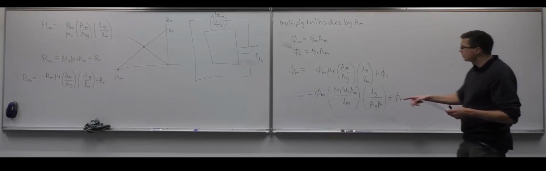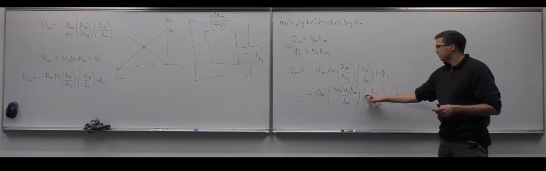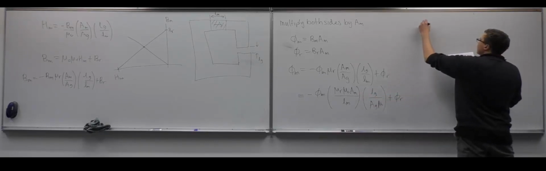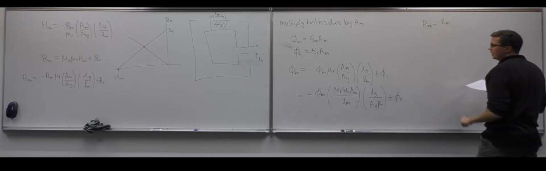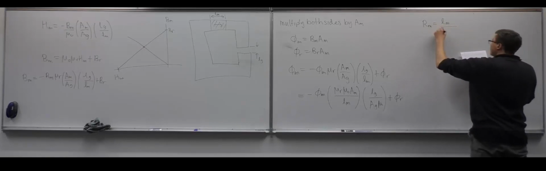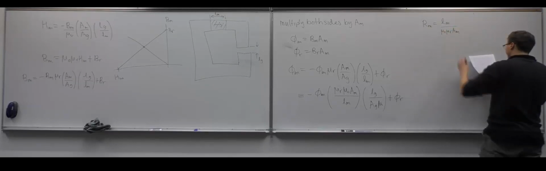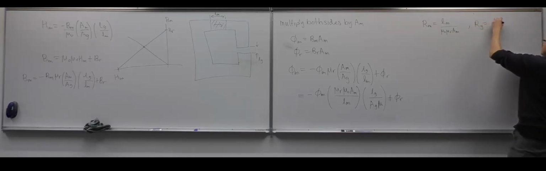Now we should be able to see what these two terms are. They're reluctance terms. So Rm we could define as the reluctance of the magnet material, which is Lm over mu naught mu r Am, and Rg is equal to Lg over mu naught Ag.